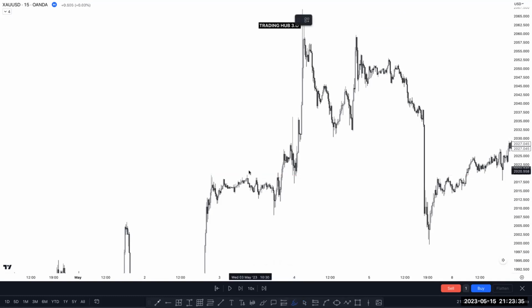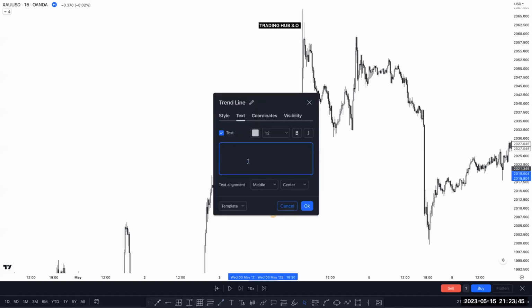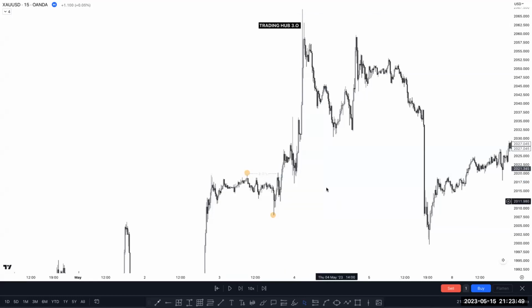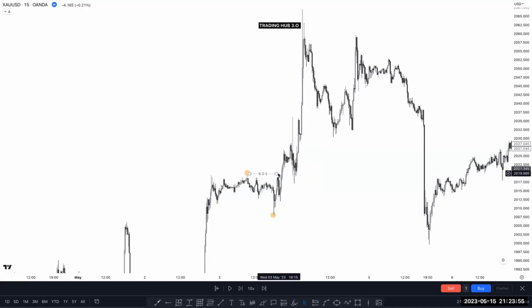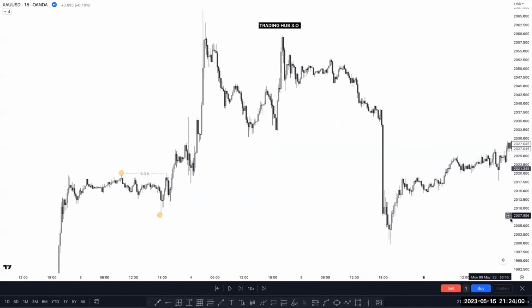This becomes our higher high, higher low, and this is again a higher high, and this will become our break of structure. And after the break of structure, in the first attempt, it just sweeps the liquidity.